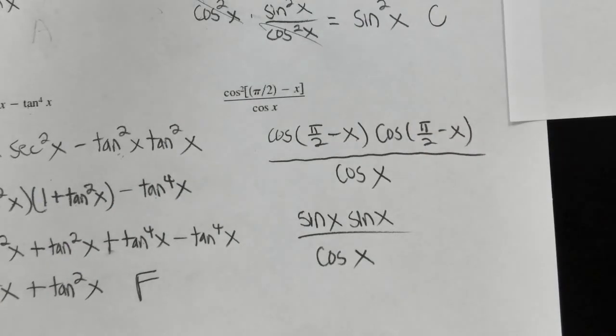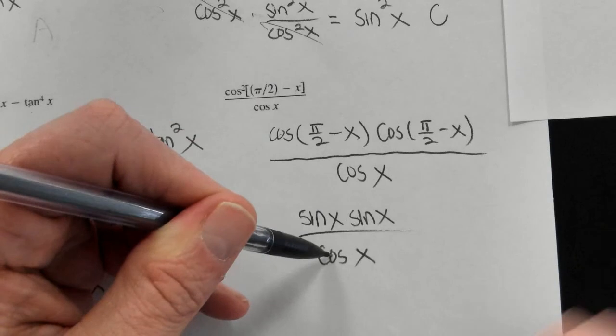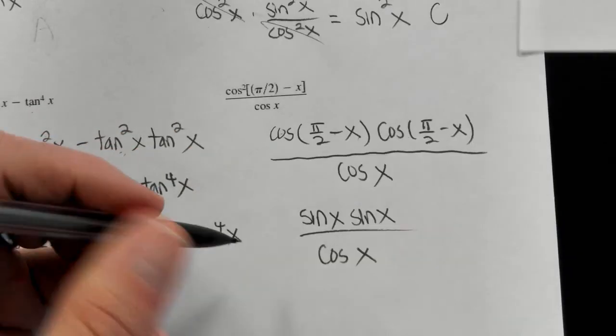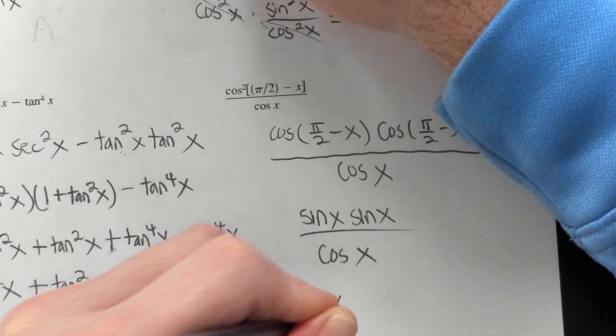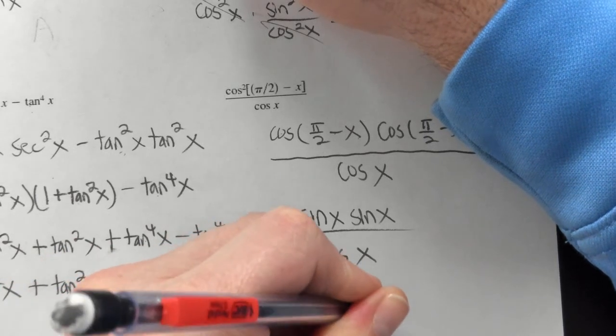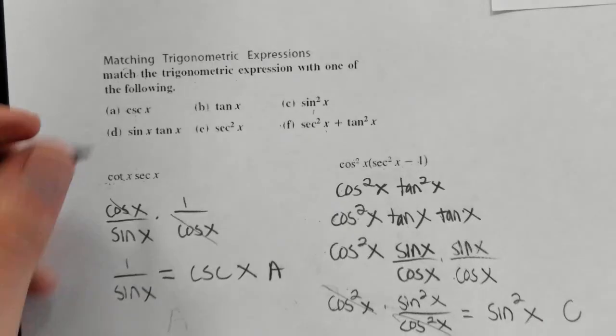Okay, so one more step and we'll have what we need. Sine of x over cosine of x is tangent. And so sine of x times the tangent of x, that is choice D.